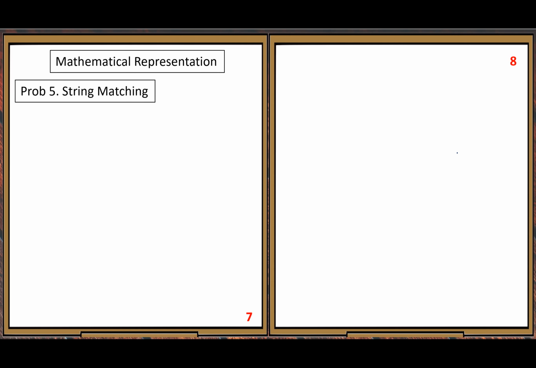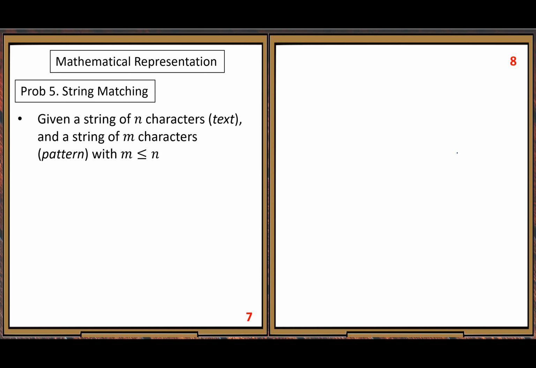Problem number 5, string matching. Problem description: given a string of n characters, a block of text, so we call it text, and a string of m characters, we call a pattern.